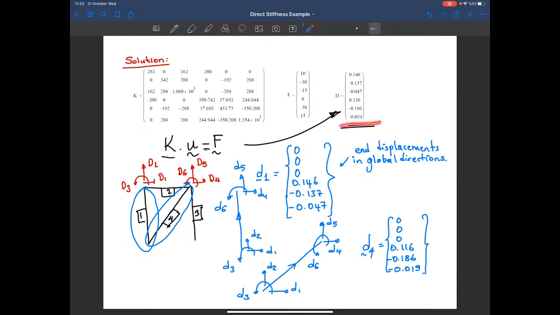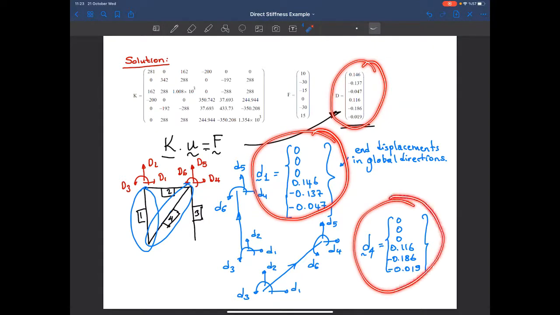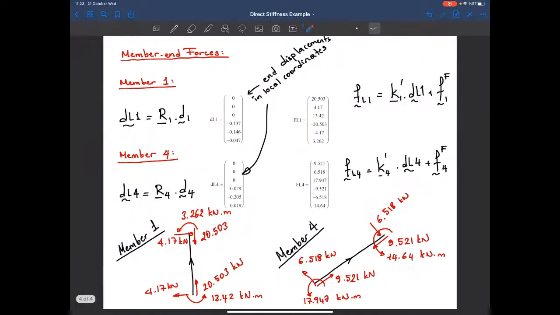Now, once we know it, again, this time we go one by one. We visit every member. We determine the end displacements in global direction. So we extract the displacement from this vector and we write the end displacement vectors for every member. And then we do a global to local transformation.